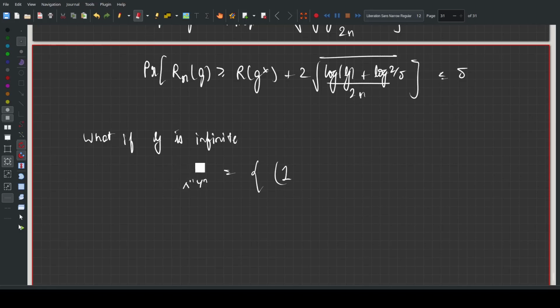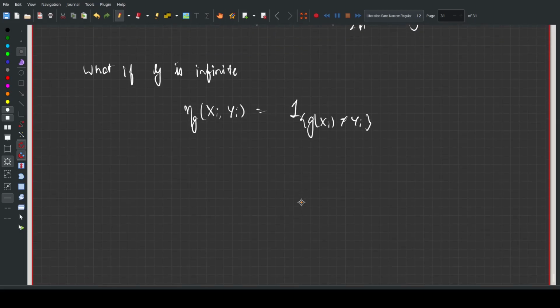let me put it the following way. So for a given G and for a given x_i, y_i, this is just the indicator random variable that G of x_i is not equal to y_i. Okay, and I define F of x_n, y_n for a given realization of x_n, y_n.